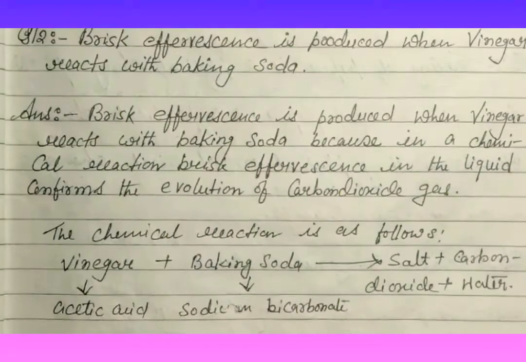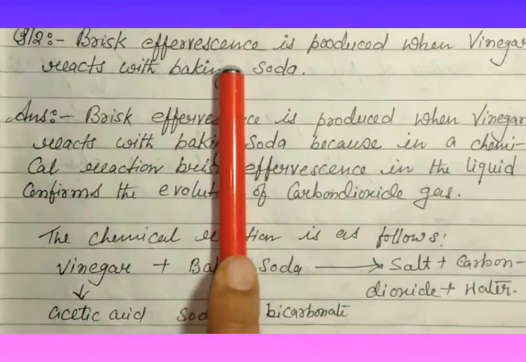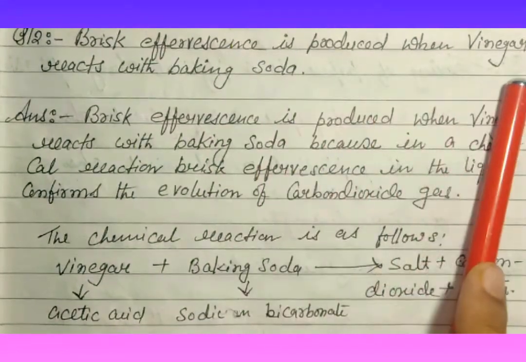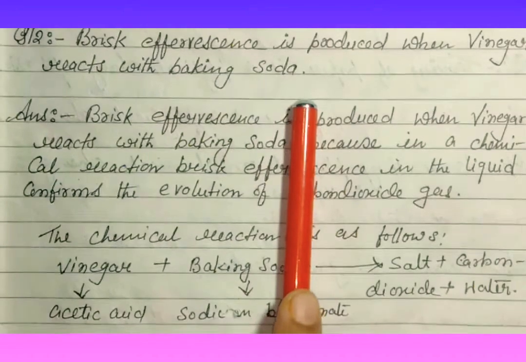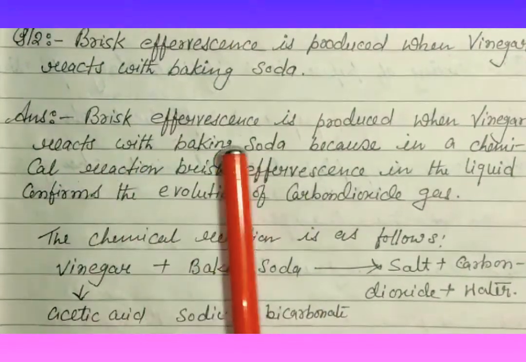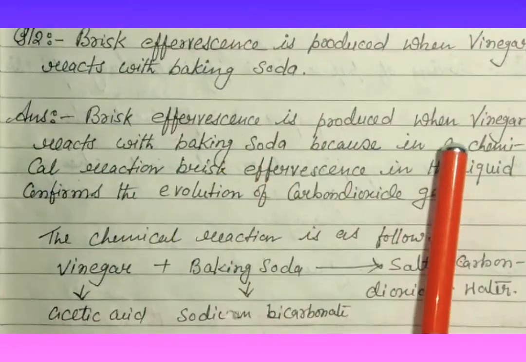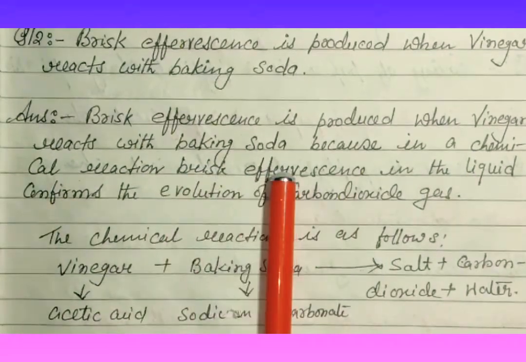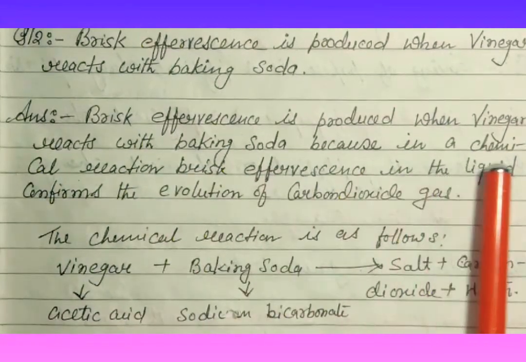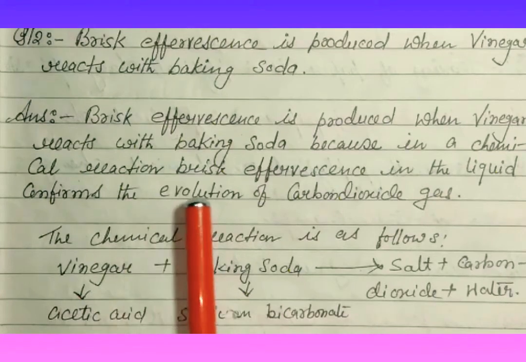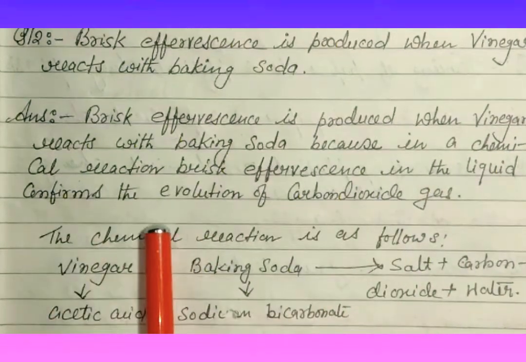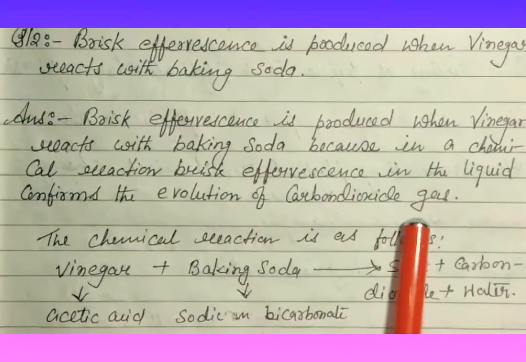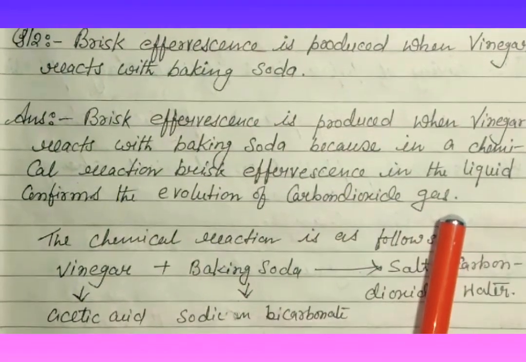Question number 2. Brisk effervescence is produced when vinegar reacts with baking soda. Brisk effervescence is produced when vinegar reacts with baking soda because in a chemical reaction, brisk effervescence in the liquid confirms the evolution of carbon dioxide gas.